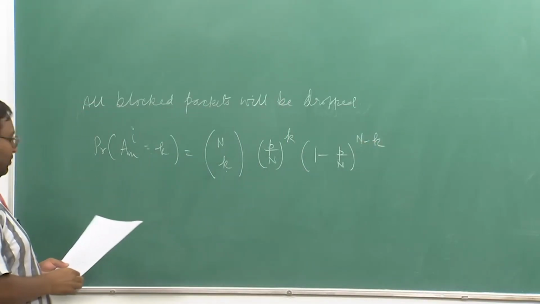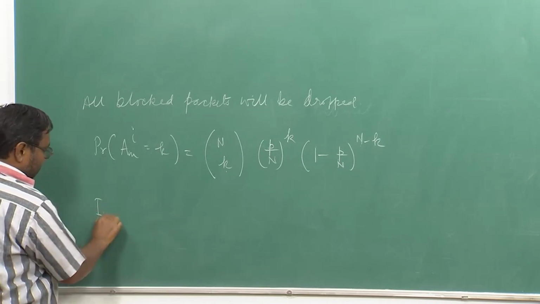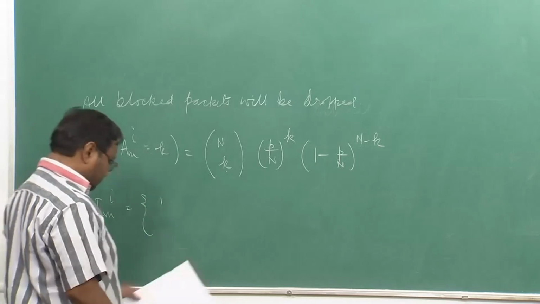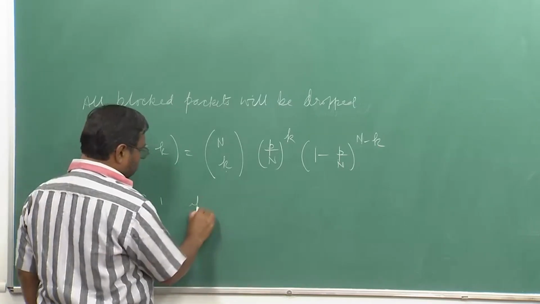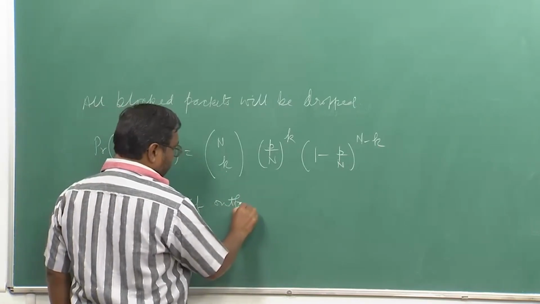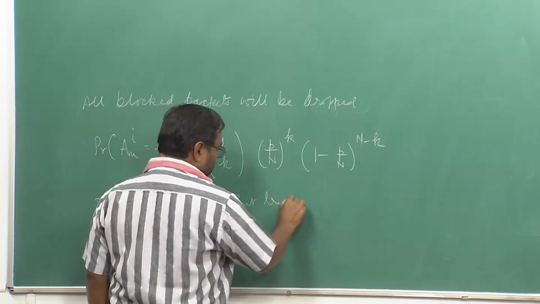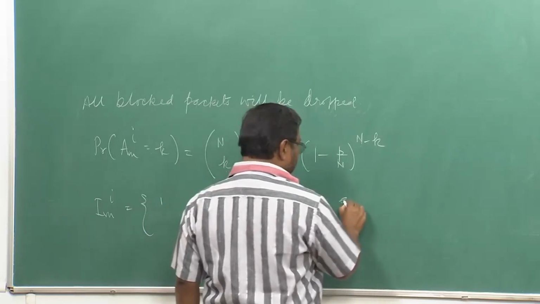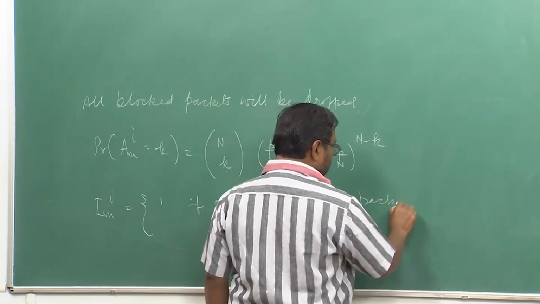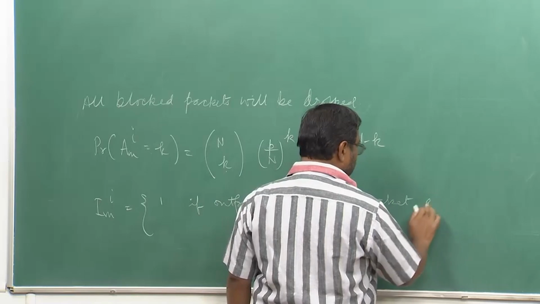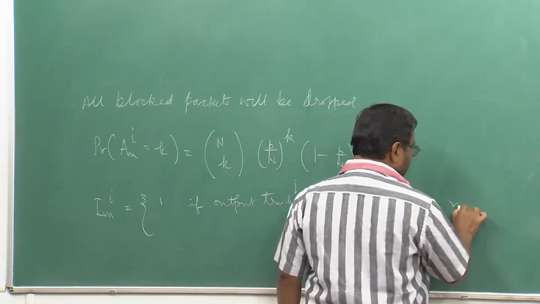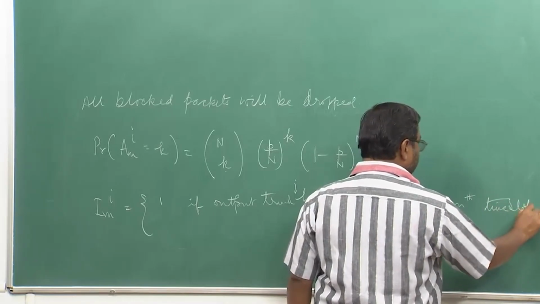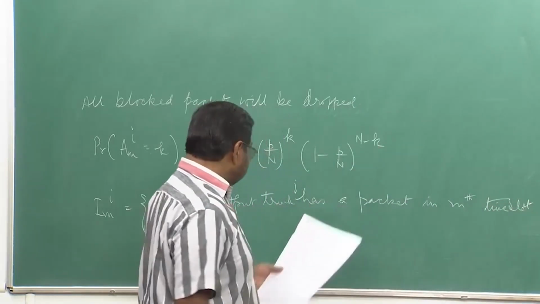So, p is the arrival probability. We define a variable called IMI for an input, this will be 1 if output trunk i has a packet in the nth time slot, else it will be 0.